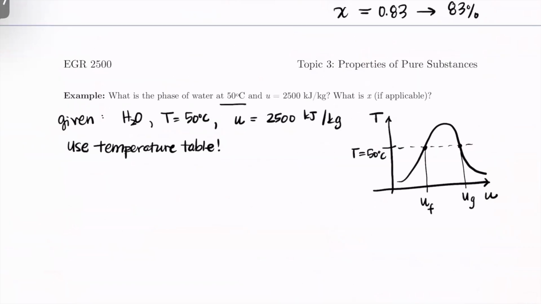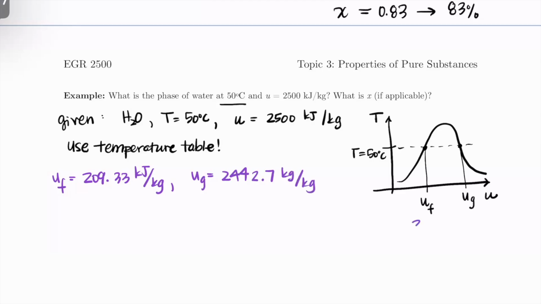So from the table, we have that UF is equal to 209.33 kilojoules per kilogram. And we have that UG is equal to 2,442.7 kilojoules per kilogram.